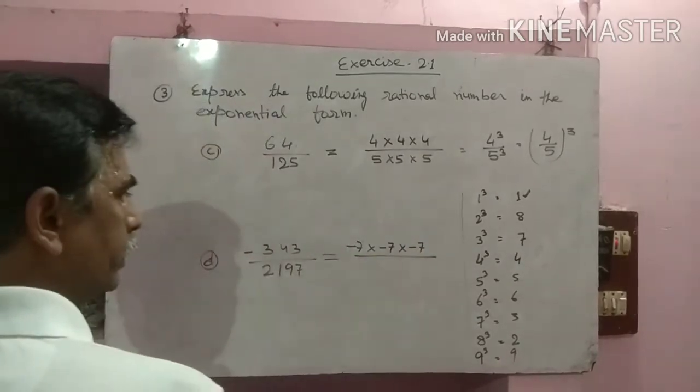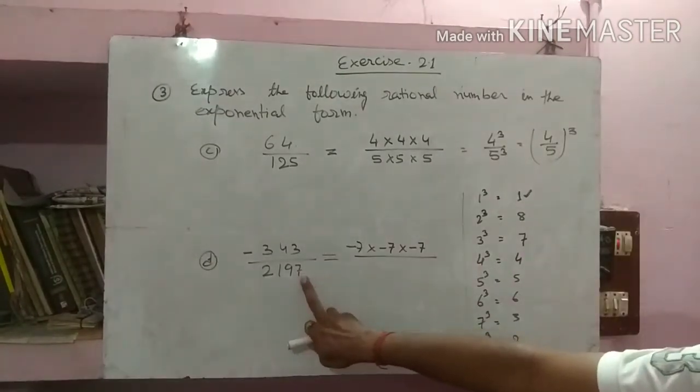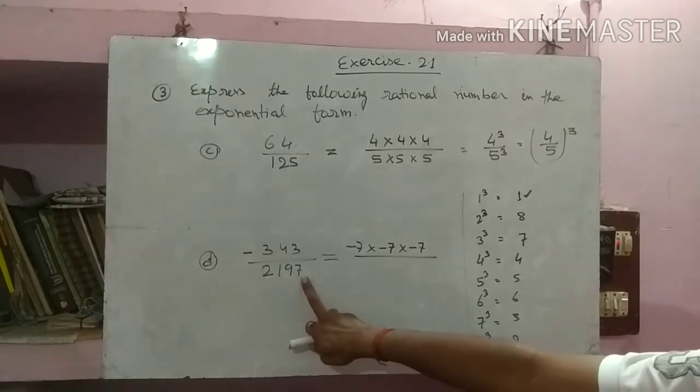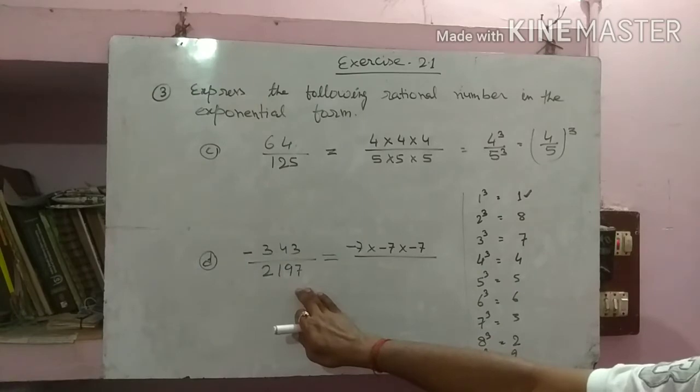Okay. Last. Look here. The unit place is what? 7. So either this is 3 to the power 3 or 13 to the power 3 or 23 to the power 3, like this. So obviously this is not 3 to the power 3.